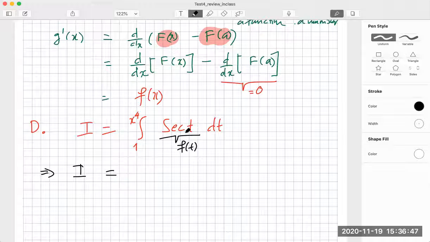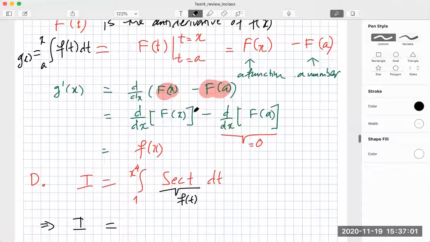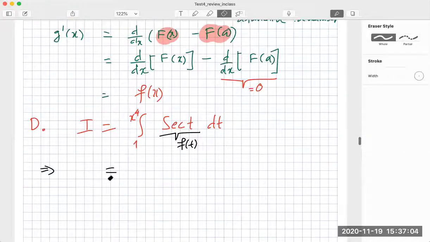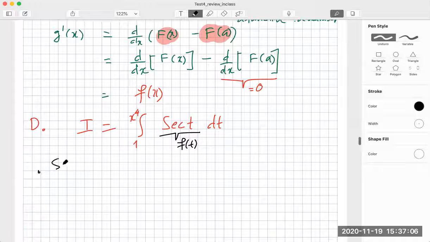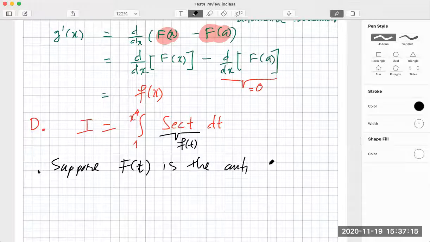What do we have, Gary, from the fundamental theorem of calculus? From a previous computation, suppose we have here, it would be the antiderivative of this, correct? Yes. Suppose capital F is the antiderivative of small f here.